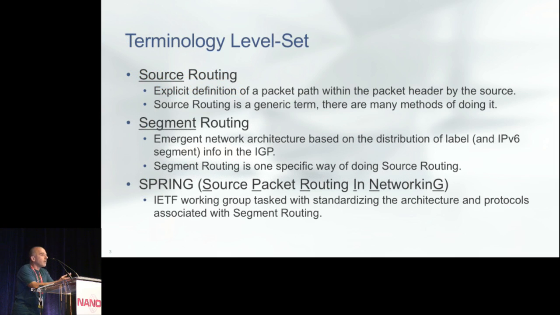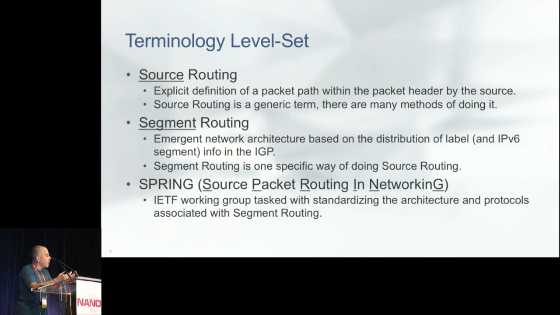So first, a little bit of a level set. I'll use these three terms fairly extensively in this talk. Source routing is a very generic term. It's been there forever. It basically covers all these technologies that allow you to put a prescriptive header in the packet and send that packet in the network, and every router acts on that prescriptive header with regard to its forwarding. Segment routing, on the other hand, is a specific incarnation of source routing.